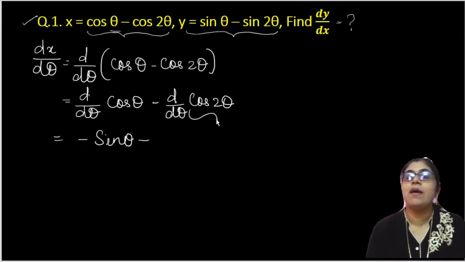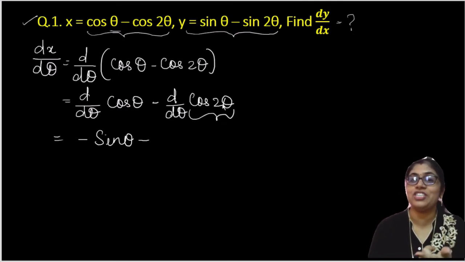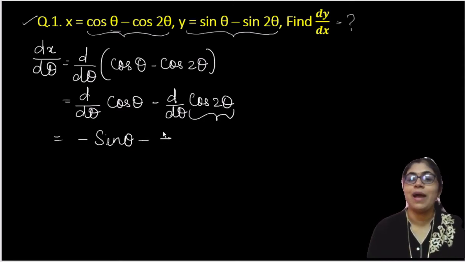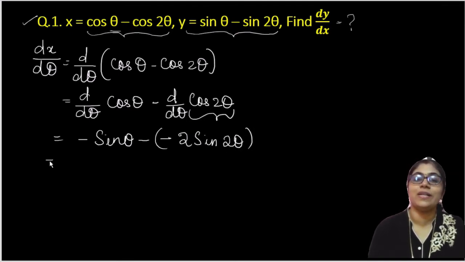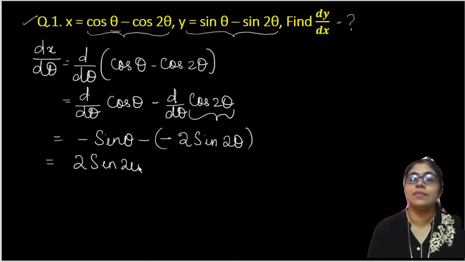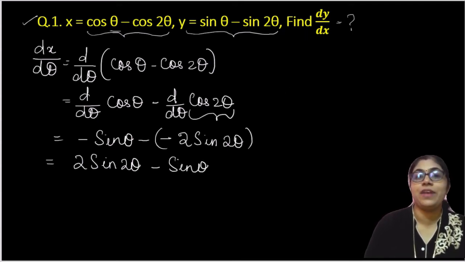This is minus sin 2 theta, and again we have to differentiate 2 theta with respect to theta. So this is minus 2 sin 2 theta. So this equals 2 sin 2 theta minus sin theta.